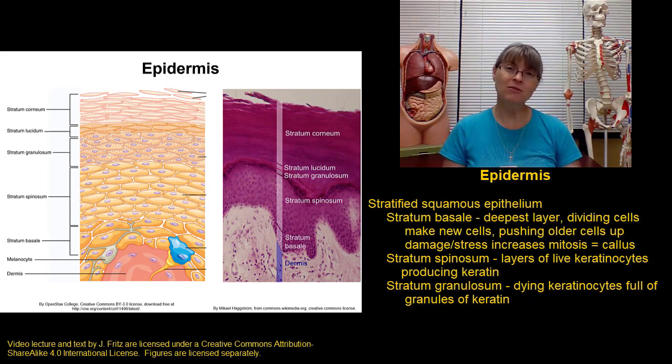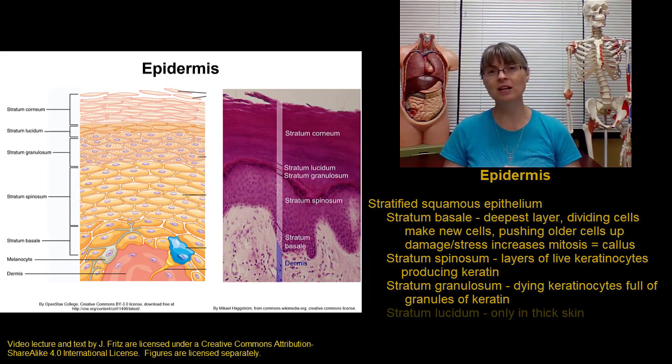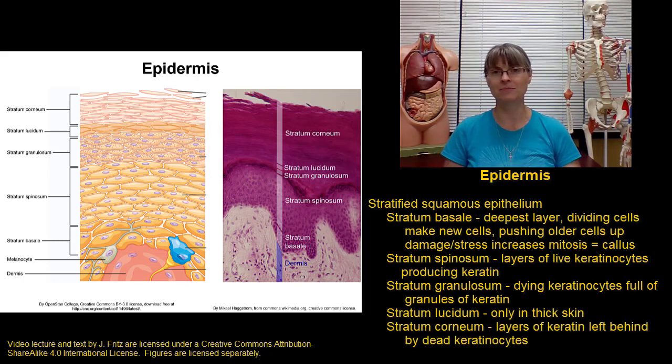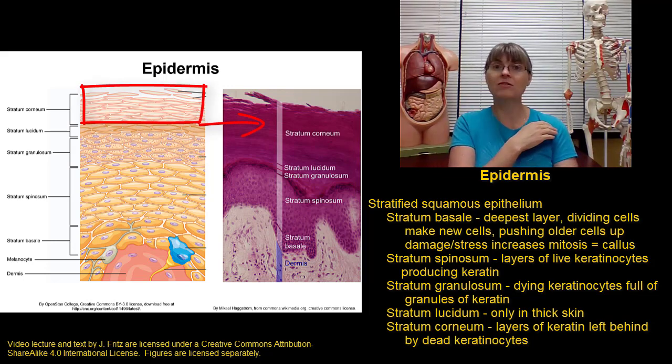If we go up a little bit further, we get to a layer called the stratum lucidum. And the stratum lucidum only occurs in areas with very thick skin, like on the soles of the feet. So we'll skip that and go right up to the stratum corneum. The stratum corneum is the outermost layer of the epidermis, and this is made of dead keratinocytes.